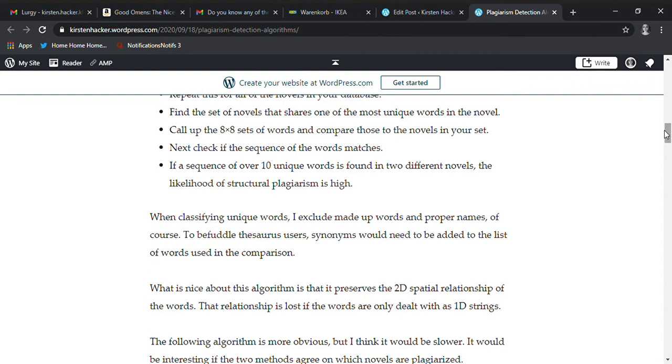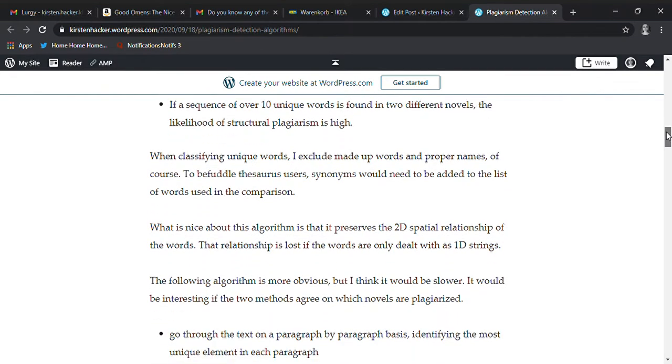And then you can check if the spatial arrangement of those words is the same. And if a sequence of over 10 unique words is found in 2 different novels, you have a red flag for structural plagiarism. And this is a very quick computing procedure.